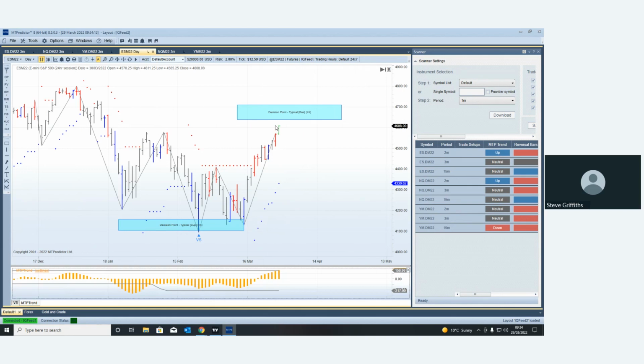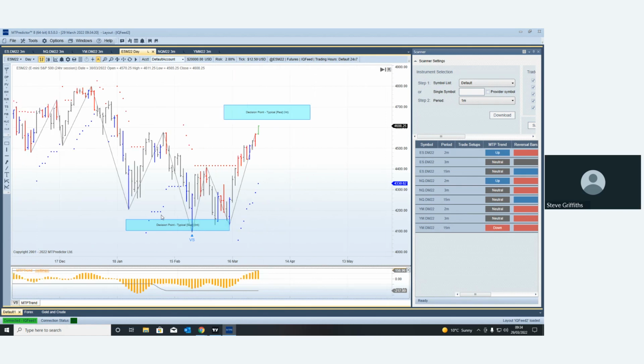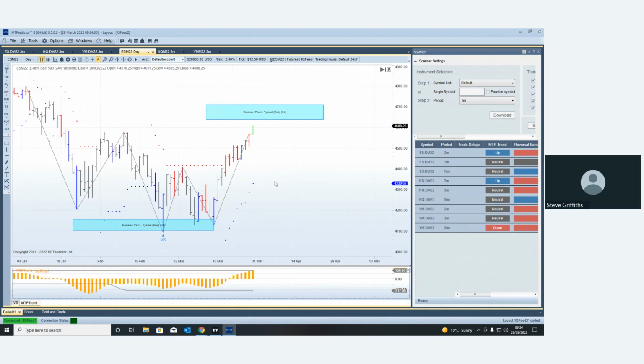So is it any surprise at all that the ES is rallying? Now, again, psychologically, this is really difficult to work with, because obviously we have all the chaos that's going on in Ukraine with Russia. So, of course, psychologically, we're going to think, well, surely the market's going to crash down when there's war going on. But these are the levels we're working off with MT Predictor. And what's it doing?